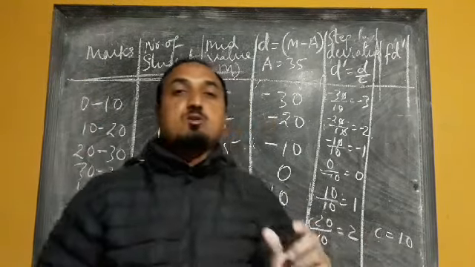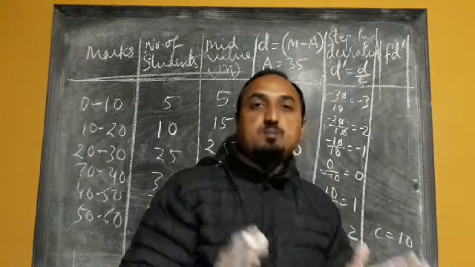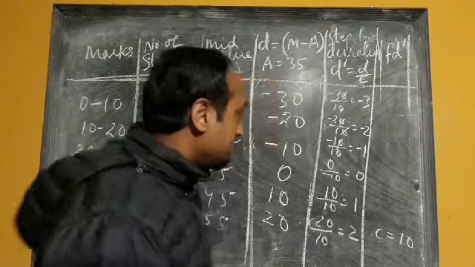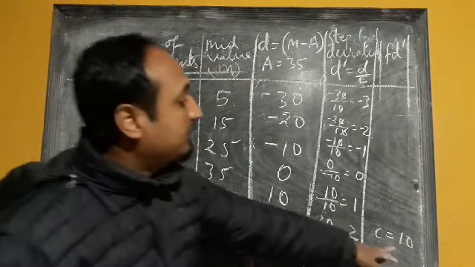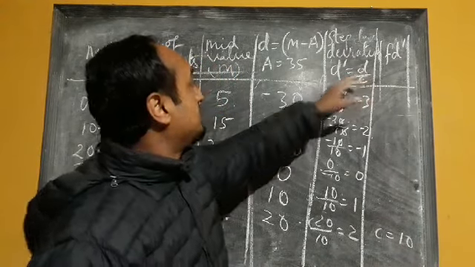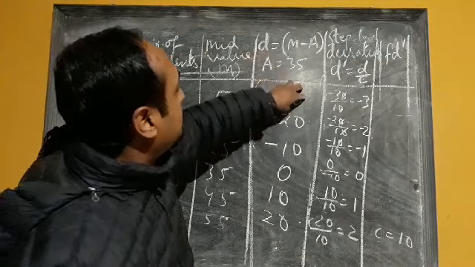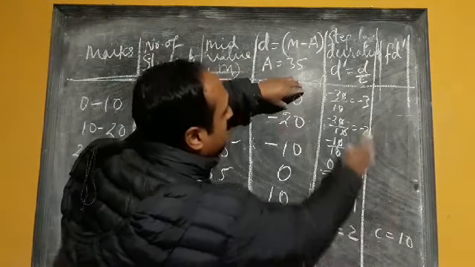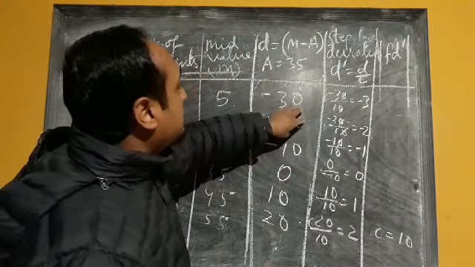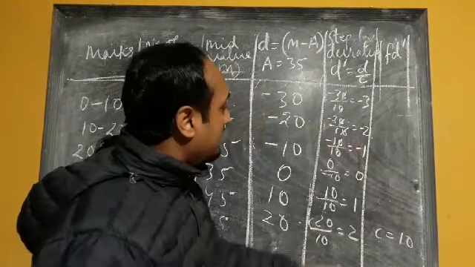Class width is upper limit minus lower limit, so in each case c equals 10. Whatever value of d we obtained, minus 30 divided by 10 gave minus 3, minus 20 divided by 10 gave minus 2, and so on.